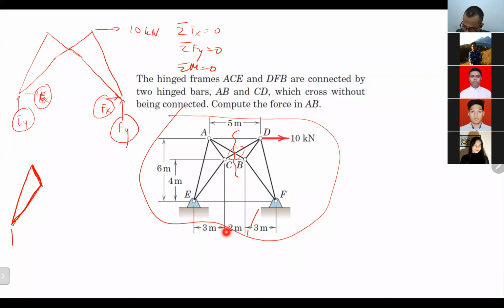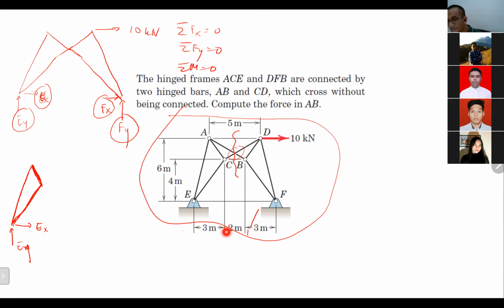We will still have EY and EX, and beside that we will have CD and AB. As usual, I always assume it as tension force. So CD will be under tension and AB will be under tension.